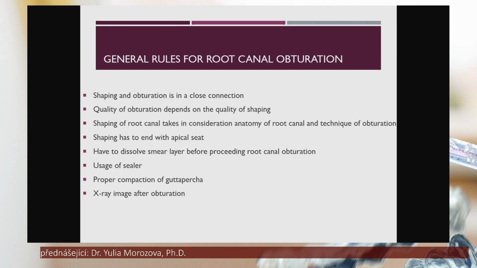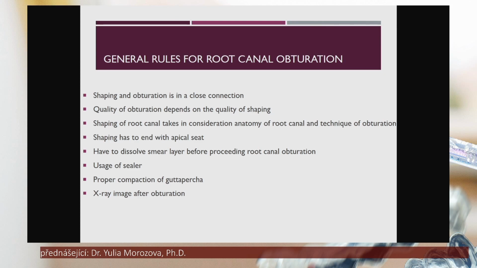The obturation of the root canal is provided using special materials. The most frequently used is gutta percha, when we provide proper compaction of this gutta percha in combination with a special sealer. And finally, after we have provided the root canal obturation, we should make an X-ray image to check the quality of our filling.